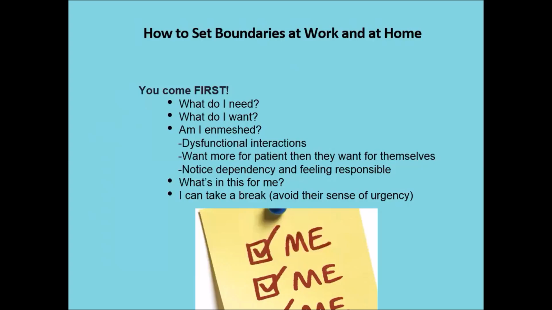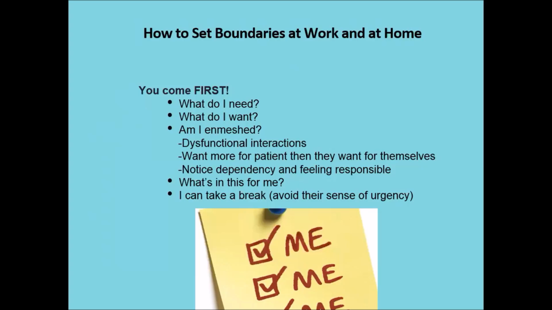We start to resent the fact that this staff member never comes on time, is always late, doesn't carry their weight, that they have this horrible situation at home. We start to feel resentment, but we also feel a certain level of dependency on them because they're the one who knows how to schedule people or how to do one of the office procedures.